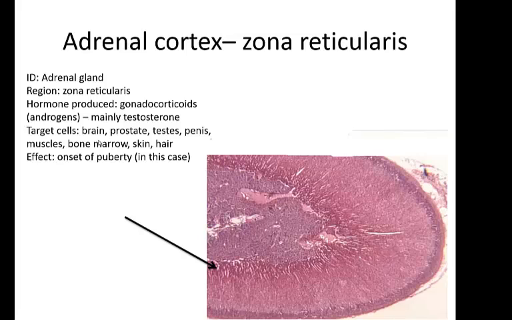Females, you don't have the prostate, the testes, the penis, but we all have skin, hair, bone marrow, muscles, brain, etc. And this is the little tricky one right here, because when we release testosterone from our zona reticularis, we don't release a lot, and it's not to beef up our muscles or like testosterone released by the male testes to cause the penis to grow, or do other things that testosterone really does.